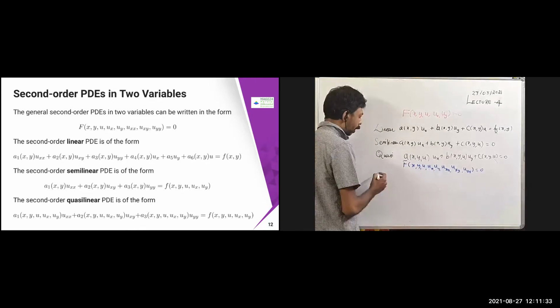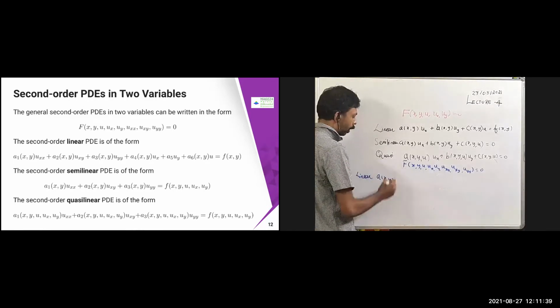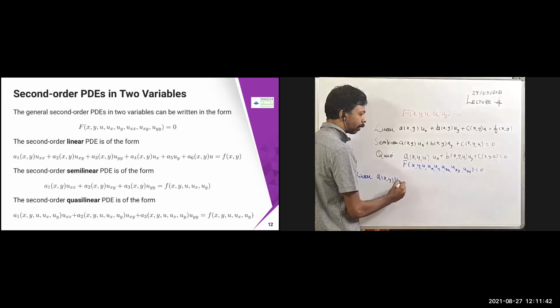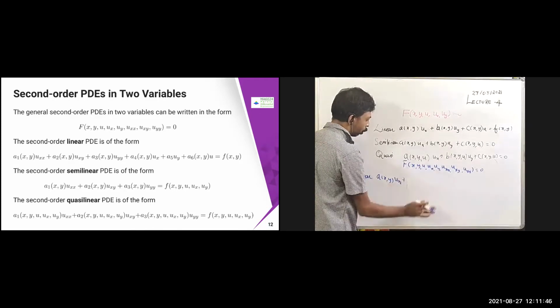So in this case, linear PDE is going to be of this form. So this is linear. Okay, so here more coefficients are going to come, so I'm just going to note a1, a2.